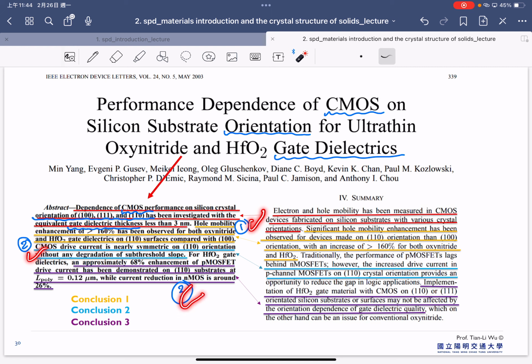And the interesting thing is, if you look at the summary of this paper, it's the same. The first sentence is another rephrase of the first sentence of the abstract. The first sentence: electron and hole mobility has been measured in CMOS devices on silicon substrates with various crystal orientations.